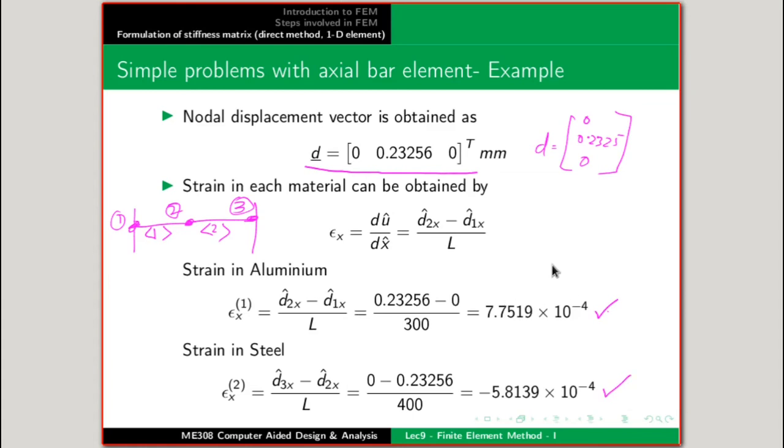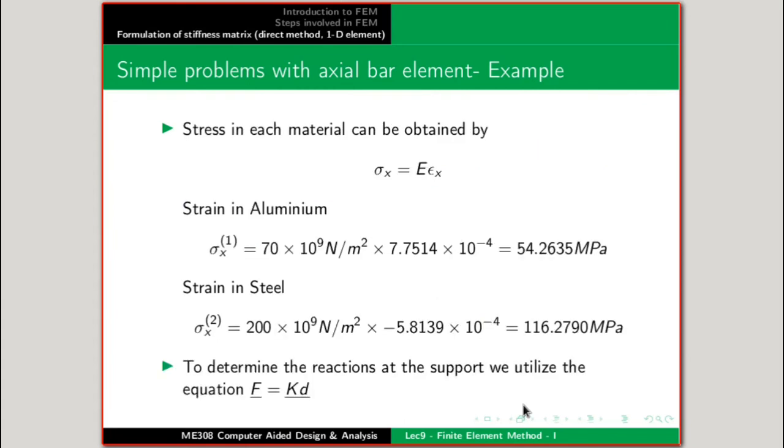As we detected earlier, the strain in aluminium is tensile strain because it is positive, and the strain in steel is compressive strain. Once we obtain the strain, we can calculate the stress by multiplying it with the Young's modulus. So sigma x equal to E into epsilon x. The stress in aluminium is 54.2635 megapascal.